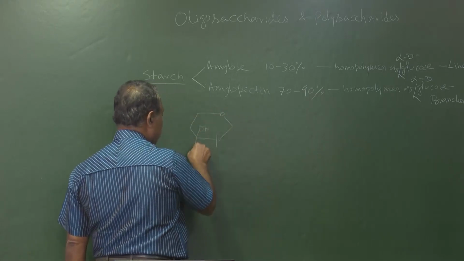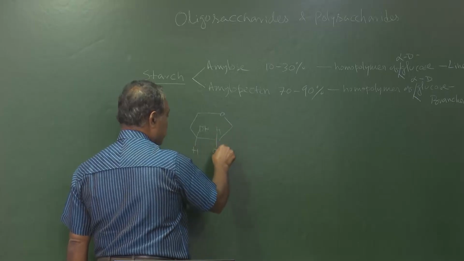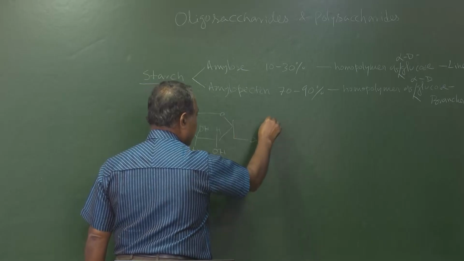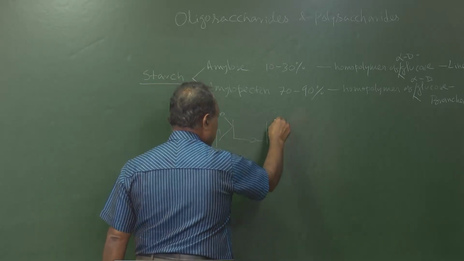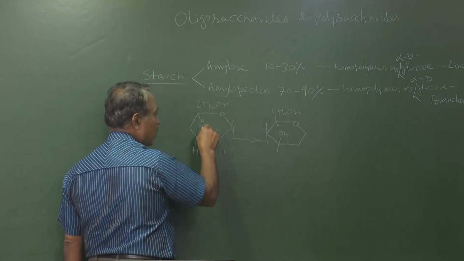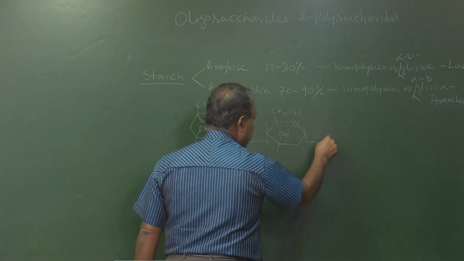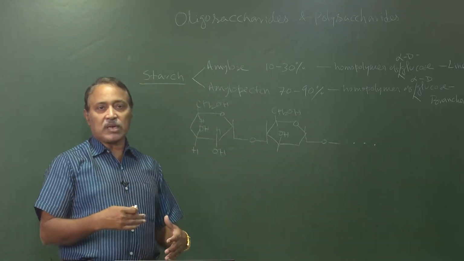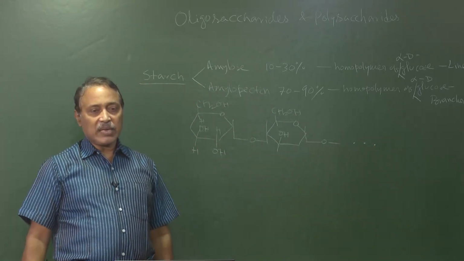I need not draw it anymore. Alpha 1,4, so it will be like this. It continues like this. That makes our amylose chain.